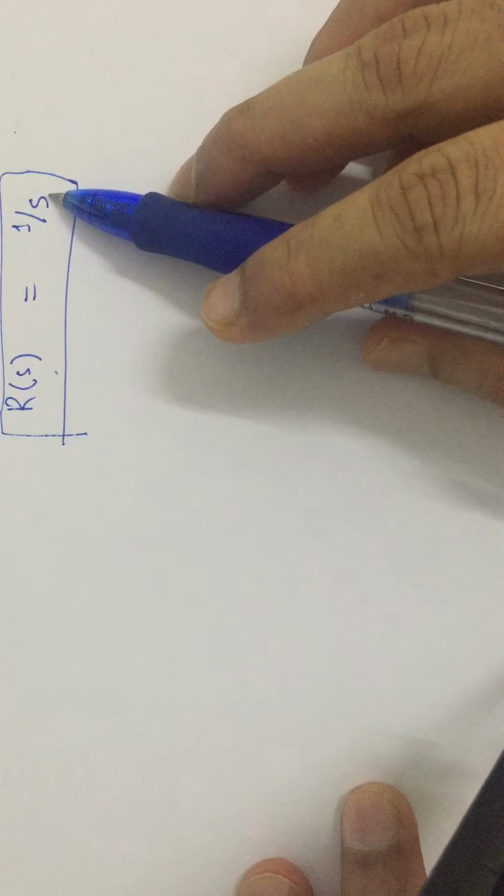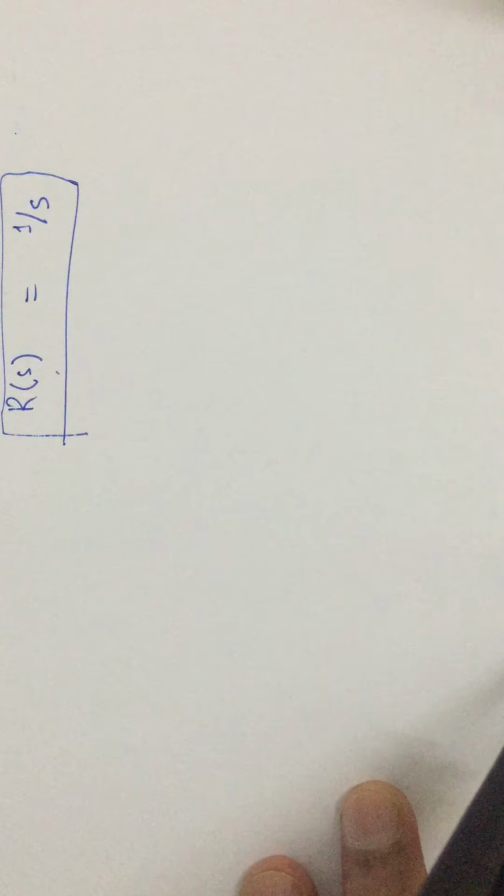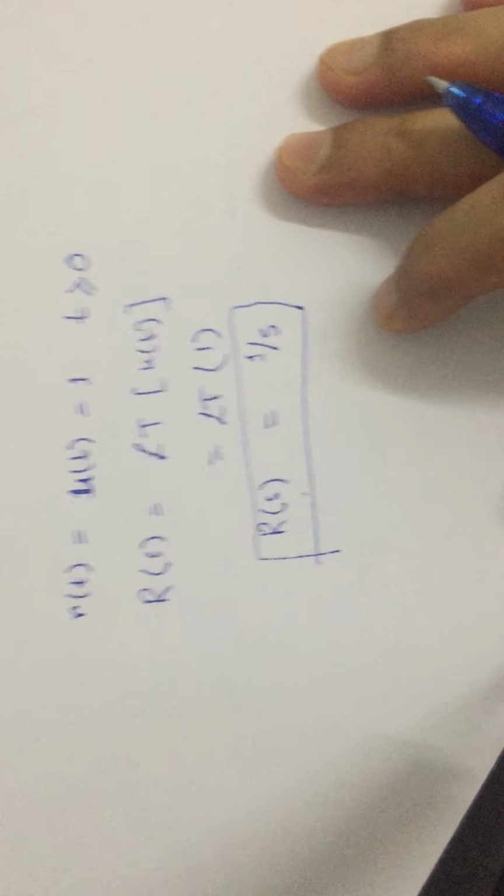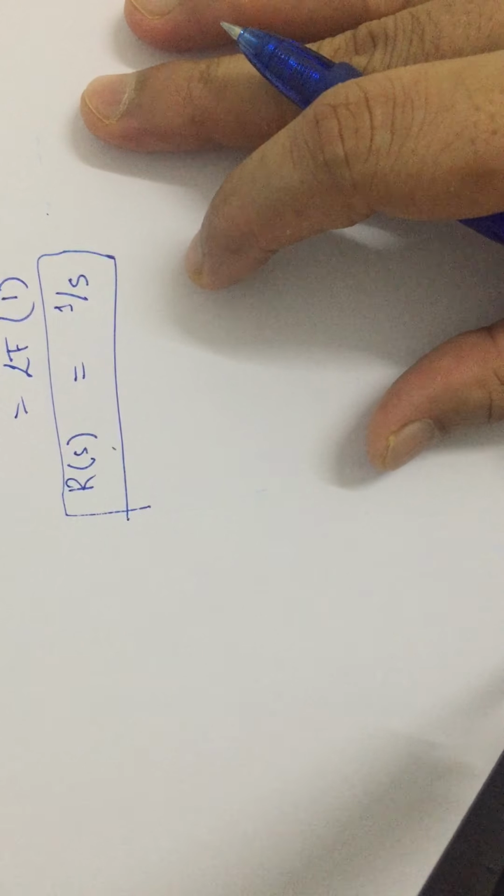So we can replace the value of R of s in equation number 1. Equation number 1 is here: C of s equal R of s times 1 over 1 plus tau s.